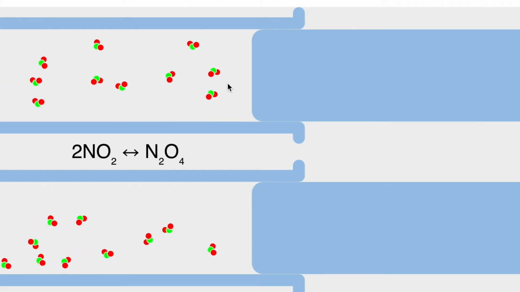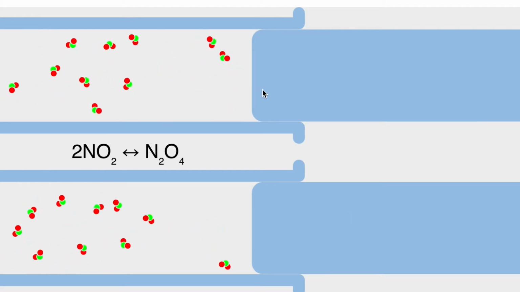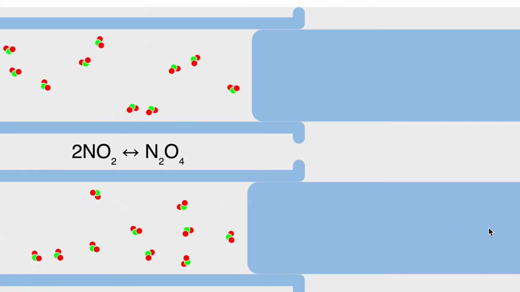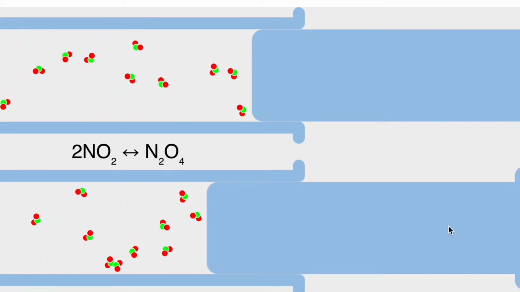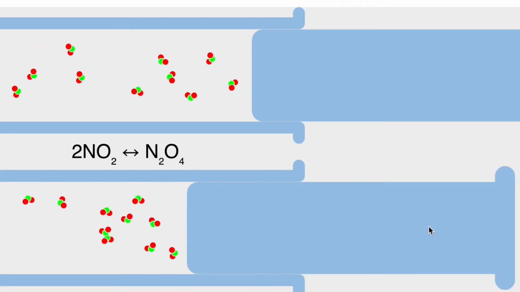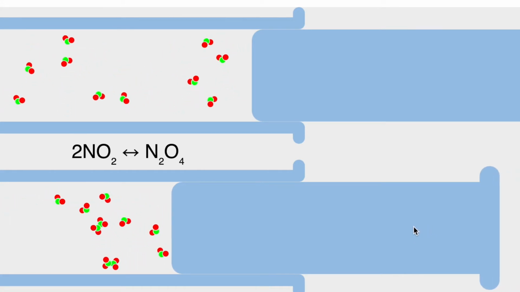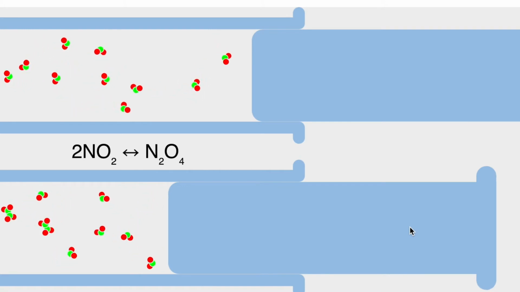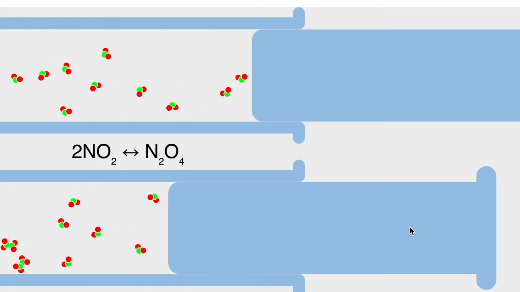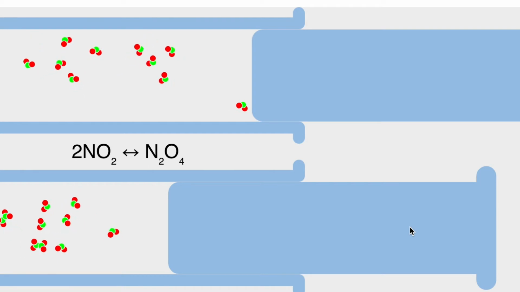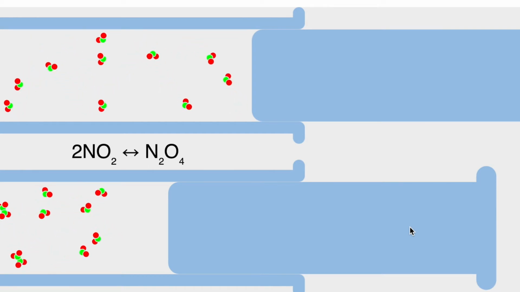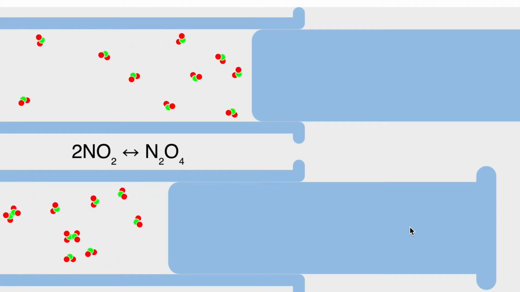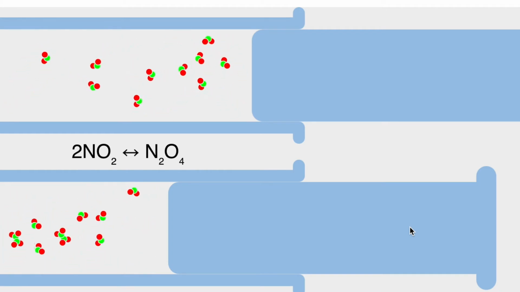At the moment there isn't much pressure on these molecules, and we can show that increasing the pressure by moving the syringe in changes what our reaction mixture is composed of. So you now see there are two N2O4 molecules there, and this is because as we're increasing the pressure, our equilibrium is shifting to oppose that change by favouring the reaction which produces fewer moles of substance.